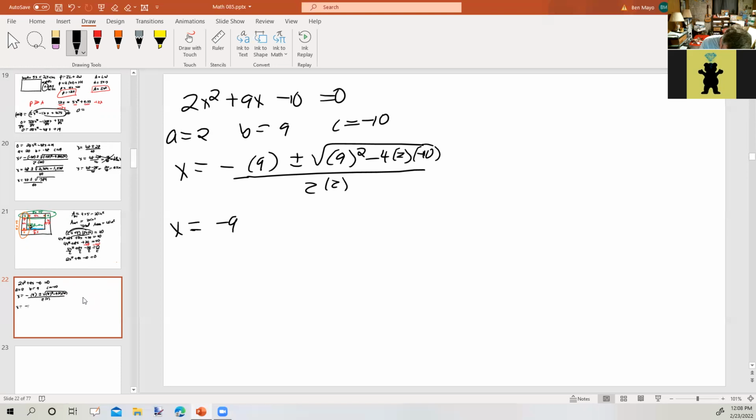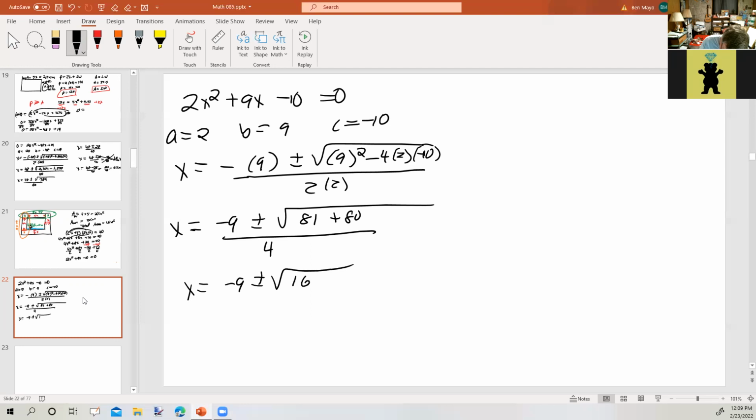X equals negative 9 plus or minus the square root of 81 plus 80, right? Negative 4 times 2 is negative 8, times negative 10 is positive 80, all over 4. X equals negative 9 plus or minus the square root of 161 all over 4.